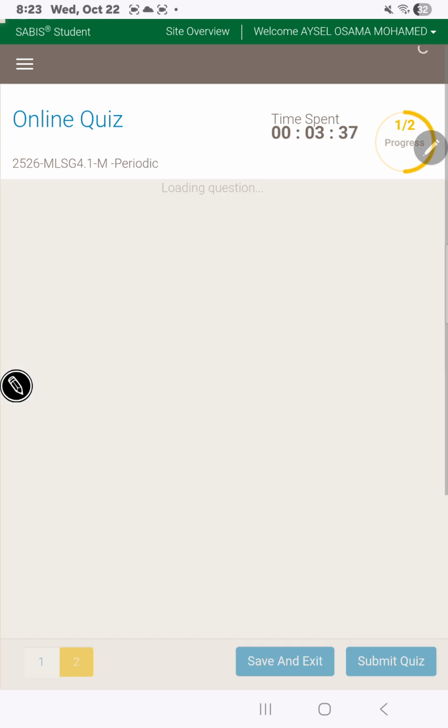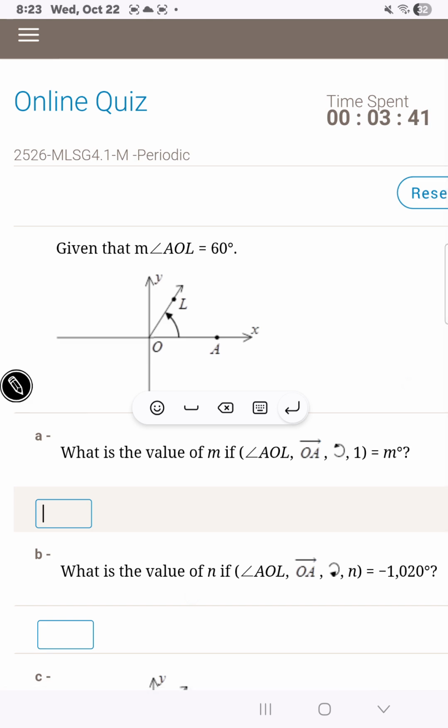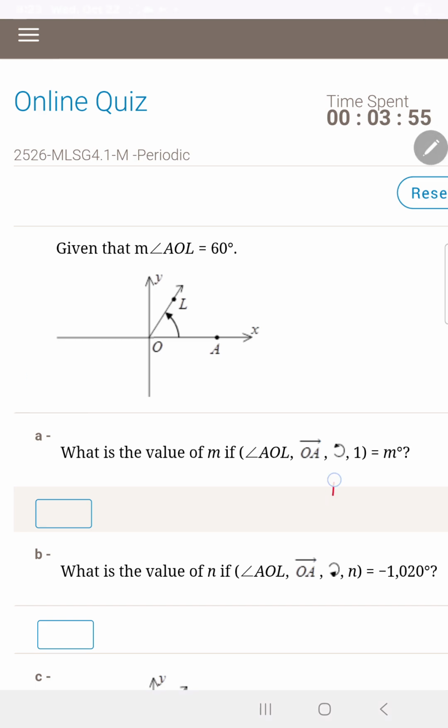For question number 2, you are given that the measure of angle AOL is 60 degrees. What's the value of the measure of AOL starting from OA and moving one revolution in the anti-clockwise direction? Here you have anti-clockwise direction, and here you have one revolution.